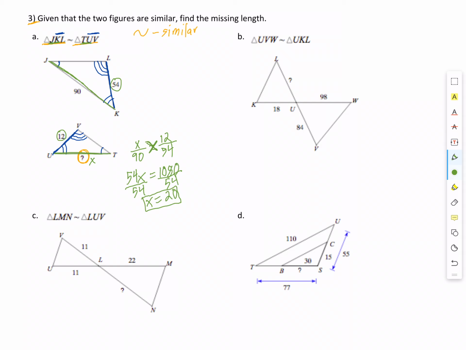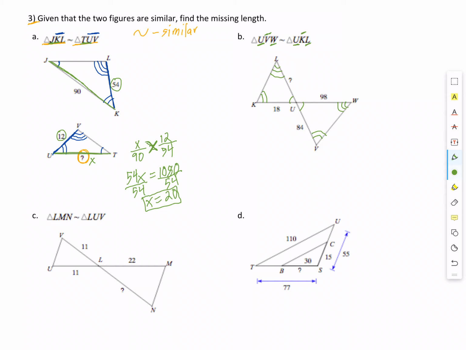If we look at this next triangle, so on B we know that angle U is similar to angle U. So these angles here are both similar. Angle V and K are similar, so we're going to have V and K. And then W and L. Gotta do 3 lines here.